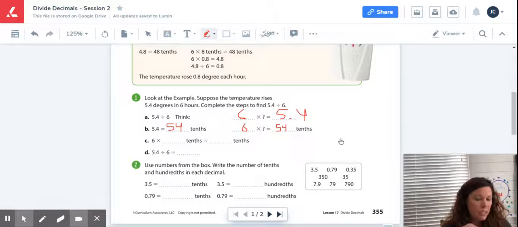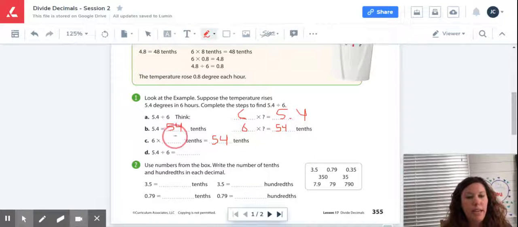So 6 times what? Think about your multiplication. If you need your multiplication chart, make sure you have that. So 6 times what tenths is going to equal 54 tenths? So I'm going to put 54 here because we already know that answer. So 6 times what equals 54?